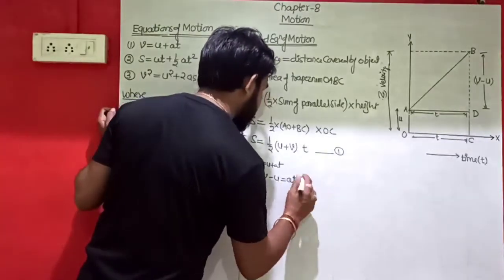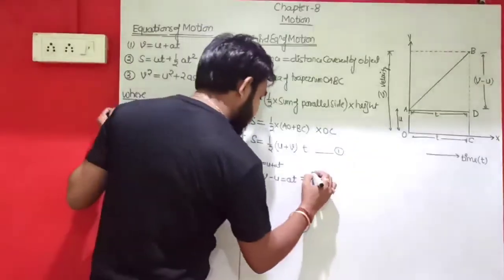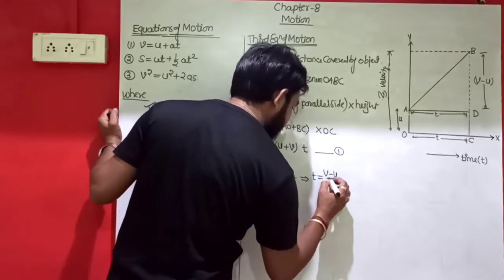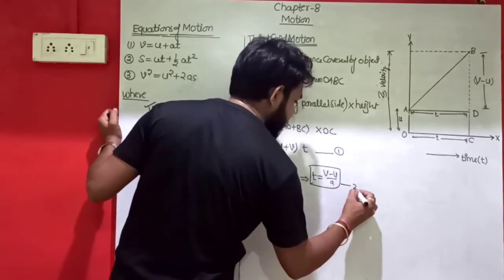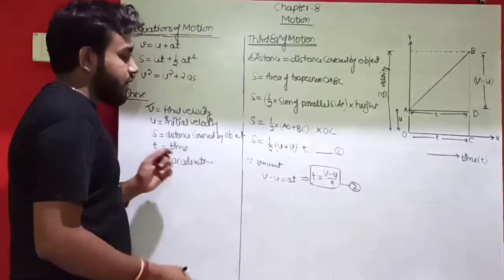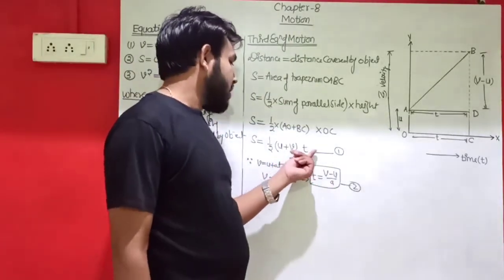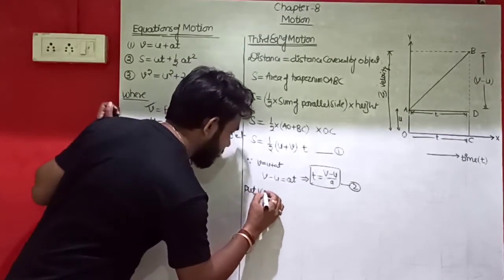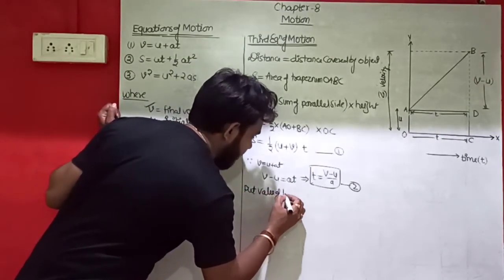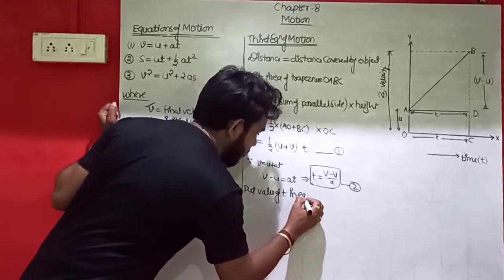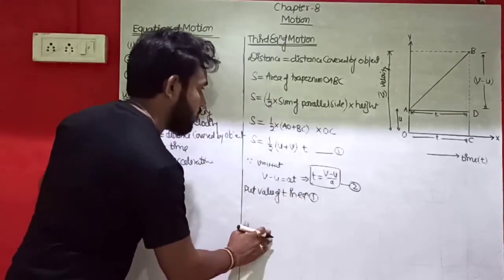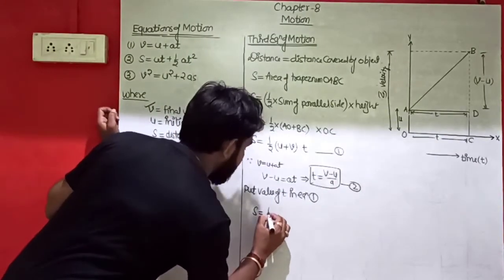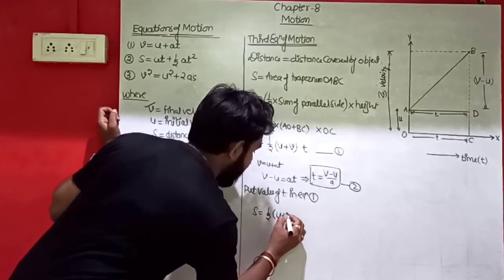Now next, so what is the T, so T equal to V minus U upon A, equations number 2. So आप स्टूडेंट T का वैल्यू हमें किस में पुट करना है, इक्वेशन नंबर 1 में पुट वैल्यू ऑफ T in equation number 1.